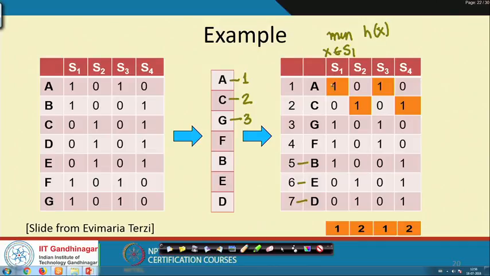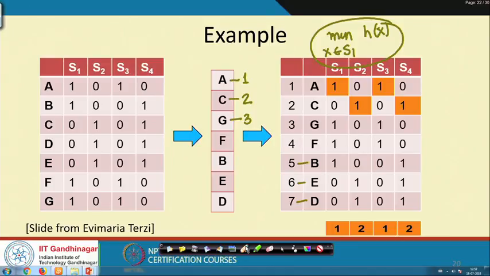So, if you calculate the min over x belonging to S1 of h of x, in terms of this matrix visualization, you need to look at the first row for the column S1 that contains a 1, because the rows are ordered in terms of the current h of x values.